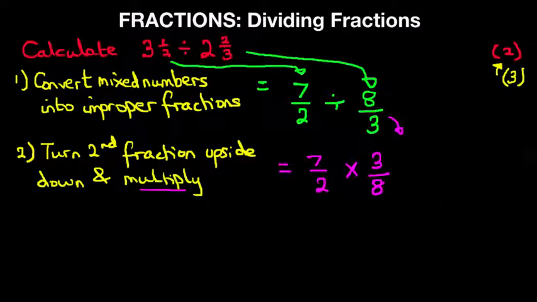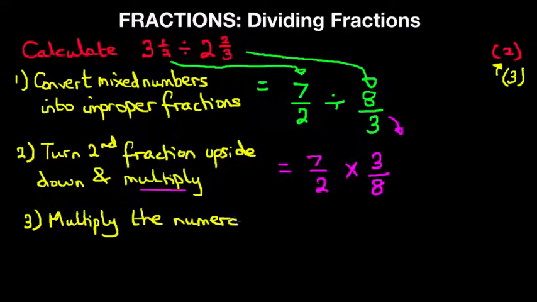Now the third step and the fourth step are similar to what we had for when we were multiplying fractions. Third step is to multiply the numerators and the denominators.